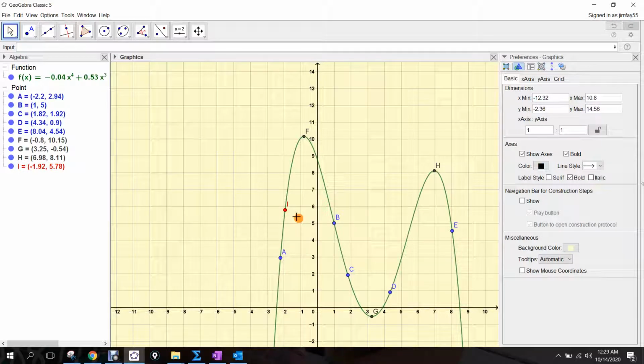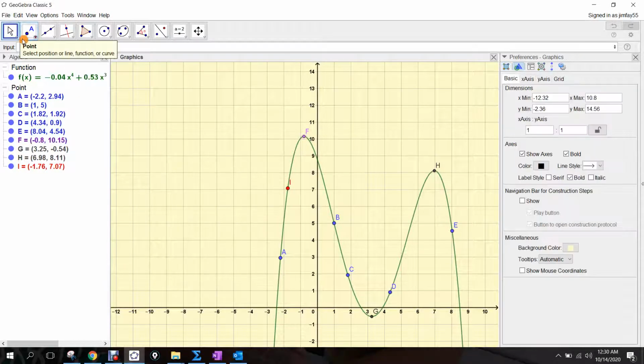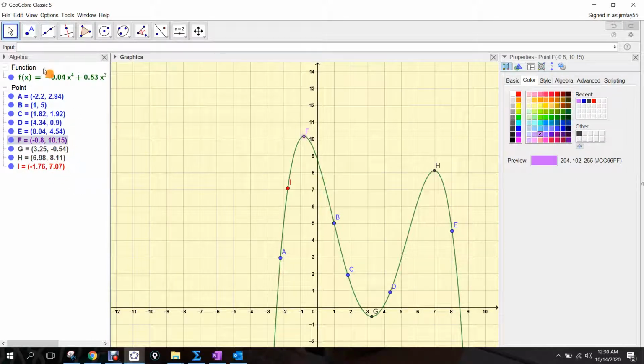If I look at I here and I start moving it, and I compare I to this point F of 10.15, let's make that point purple, maybe. I just want to give you a way to distinguish it over here.